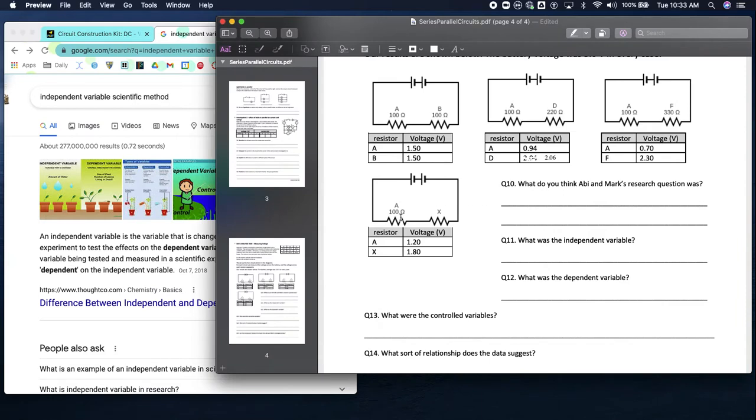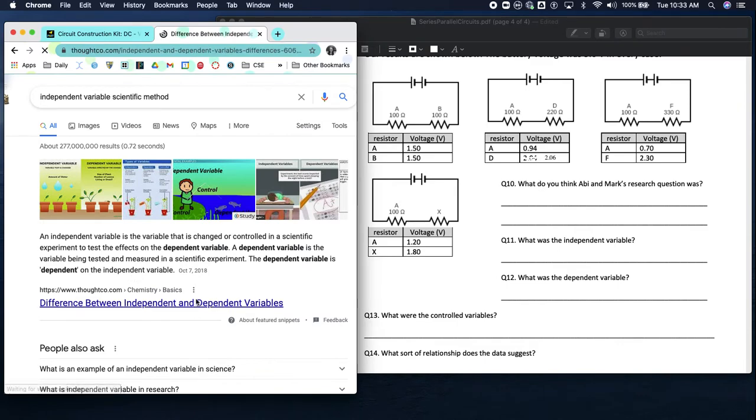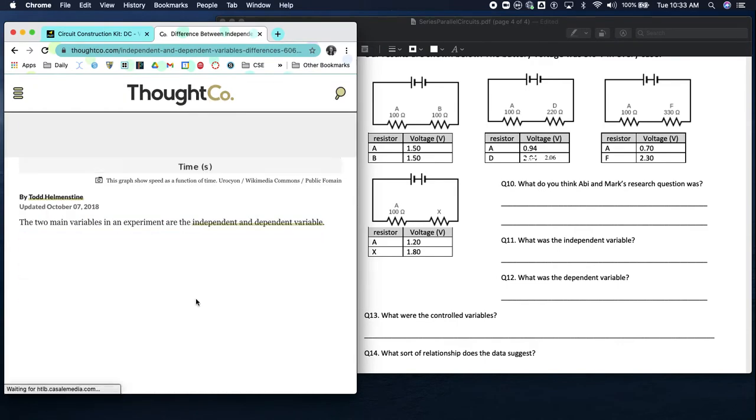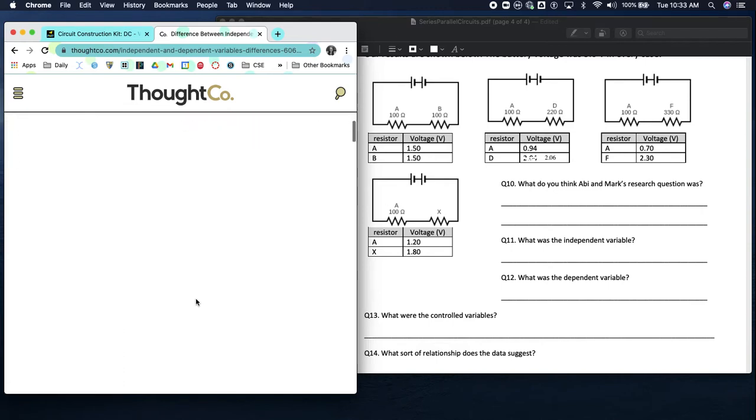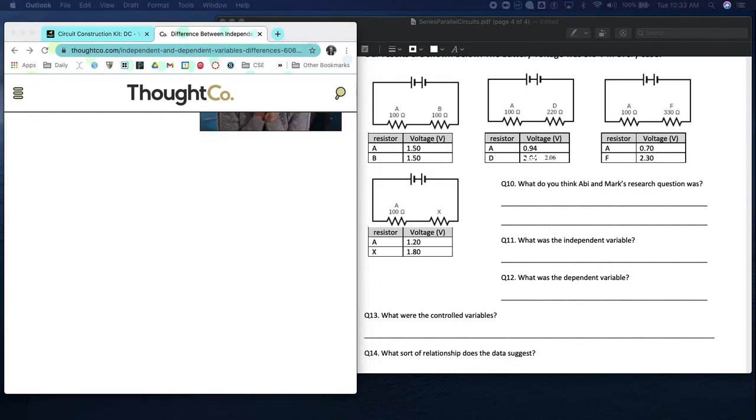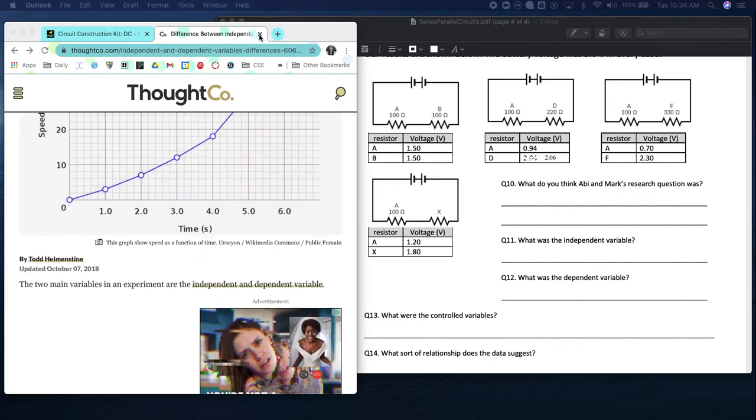Resistor A is controlled, okay? The voltage changes. All right, we have to have a clear understanding before we can answer these questions between the independent and the dependent variable. And I have actually sent an email to Ms. Tolles, and we will see what the science teacher says, okay?